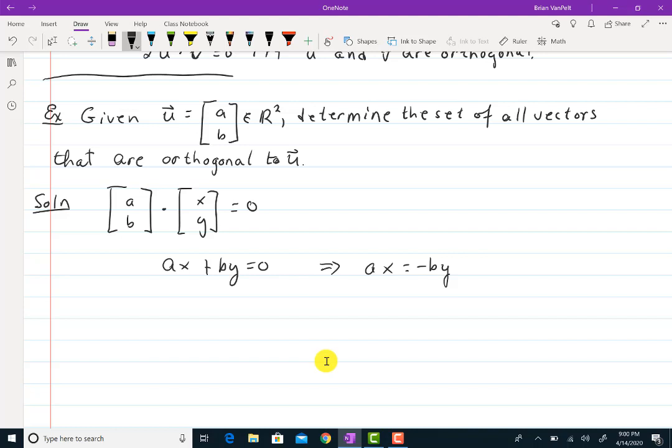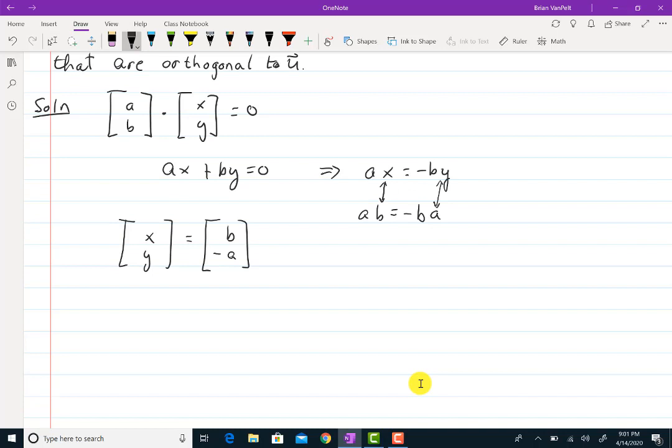But in a situation like this, I can invent the solutions. If you look, it is true that a times b does equal negative b times a, isn't it? And so what I'm saying is I could let x be b and let y be negative a, so that (x, y) can equal (b, -a).